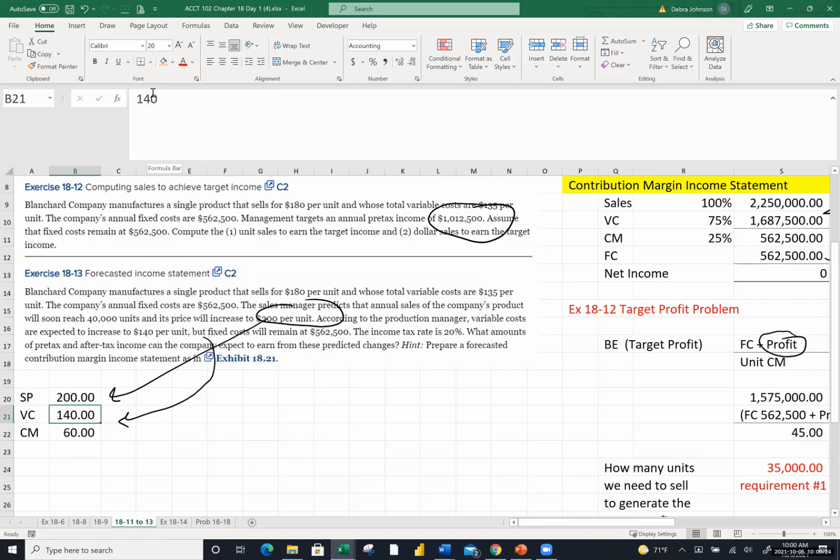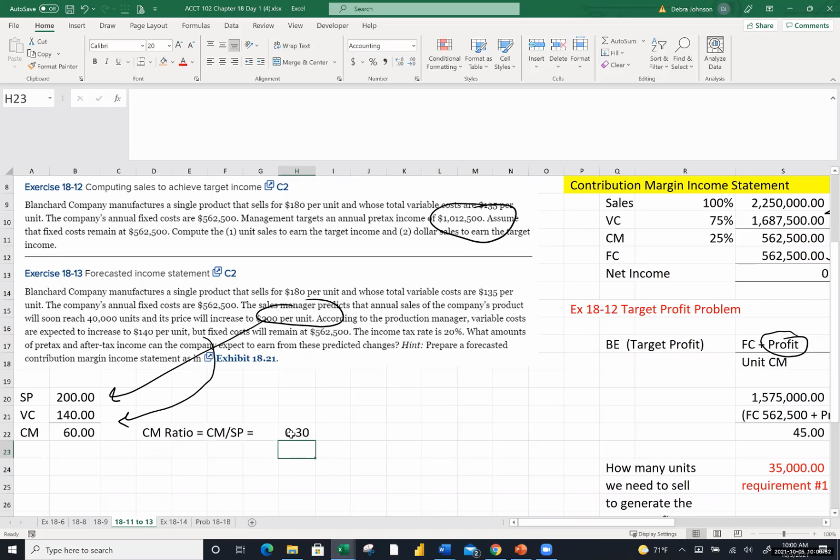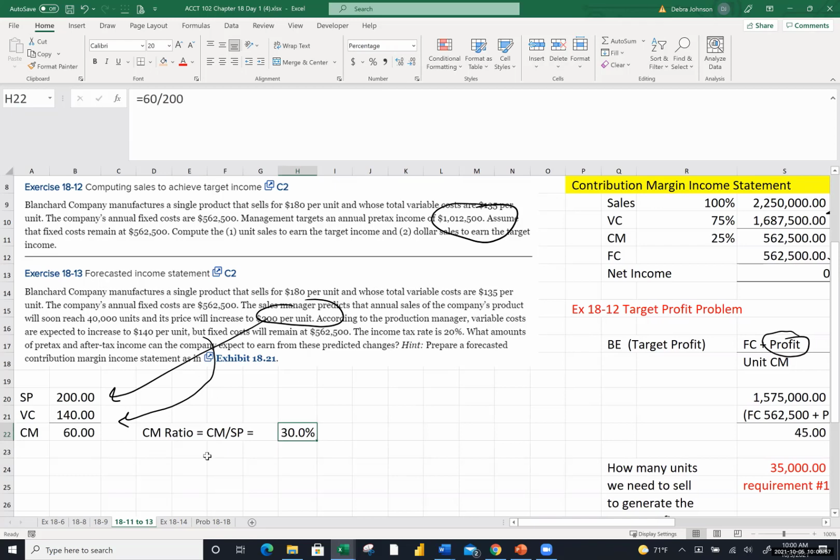Before I go any further, I'm going to also calculate that contribution margin as a percentage. Your book calls that the contribution margin ratio. And again, Danya asked some great questions. We reviewed how we calculated that. It's the contribution margin divided by the sales price. So I'm going to take that contribution margin and divide by the sales price, and that's going to give me a percentage of 30%.